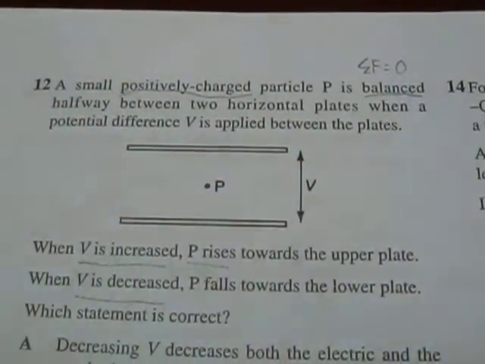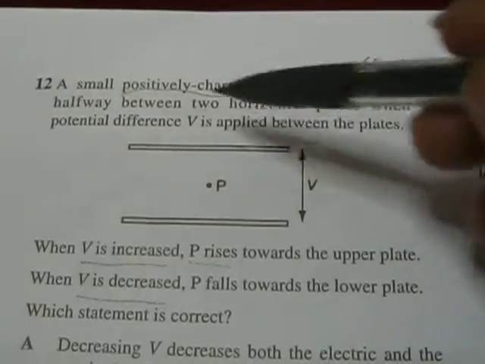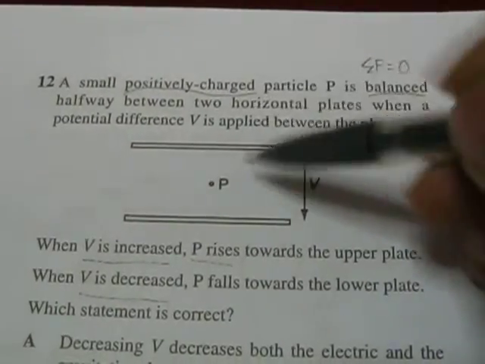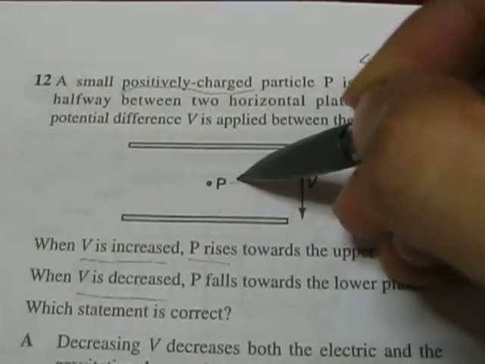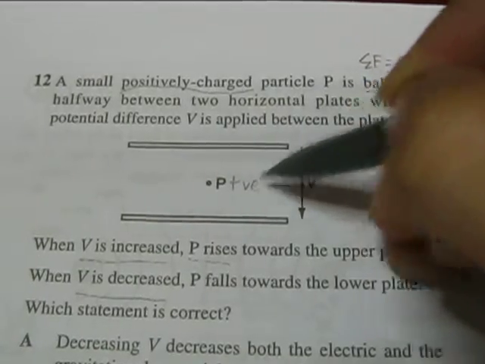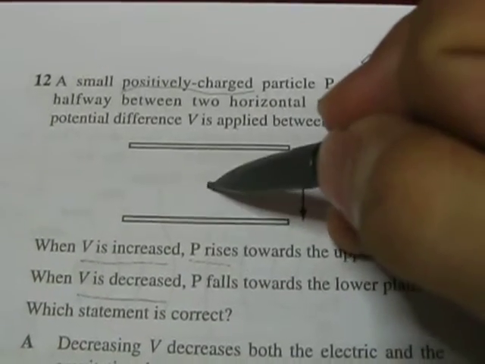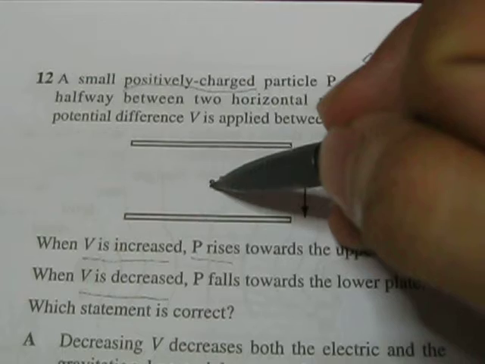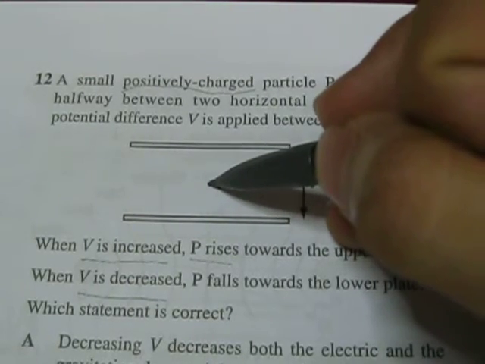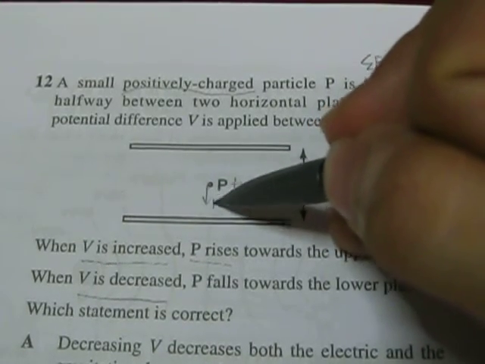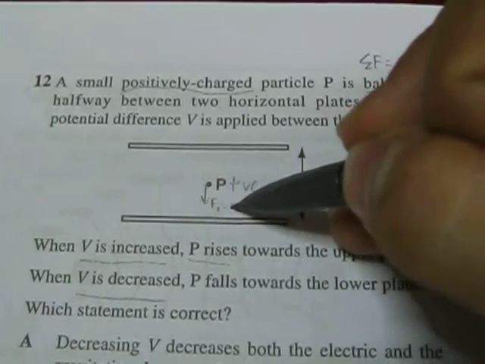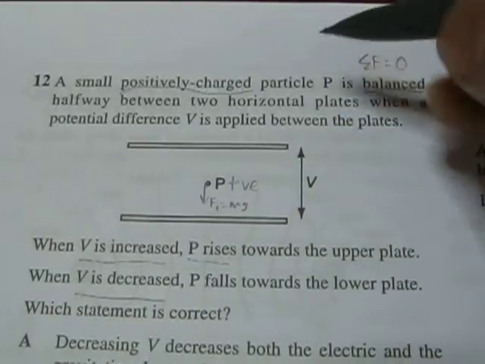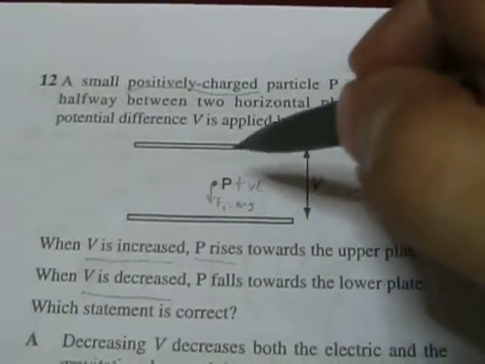Alright, the question gives us that P is positive. So let me just write this here: P is a positive charge. And as always, gravitational force always points downwards, so we have F1 equals mg, which is quite similar to most of the questions.